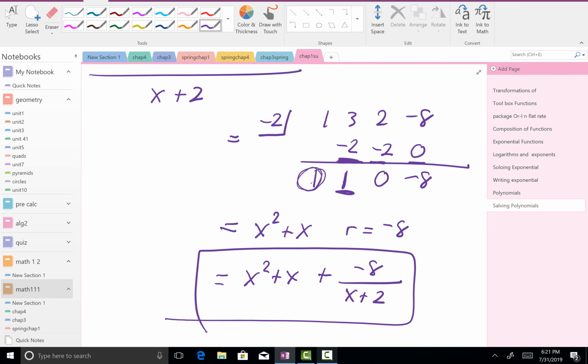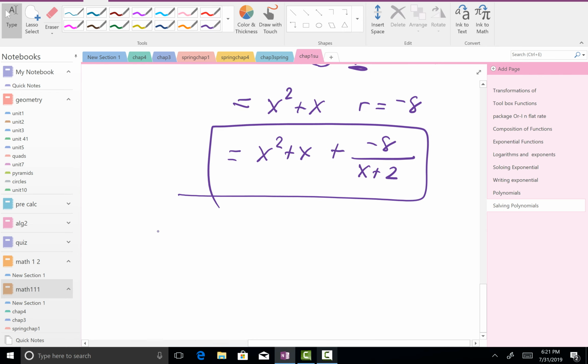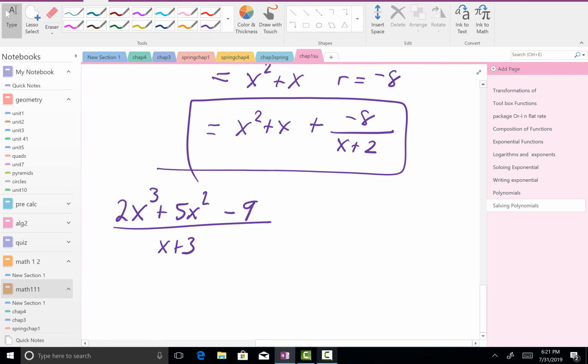Okay, let's try one more. We're advancing this a little bit. Let's say we have a 2x cubed plus 5x squared minus 9, and we're going to divide that by x plus 3. Okay, so what are we going to have across the top? What numbers am I going to have? 2, 5.